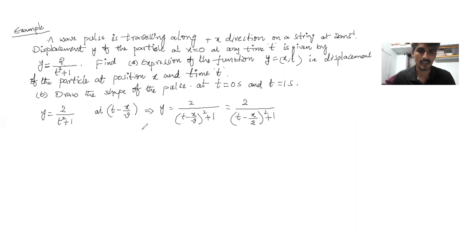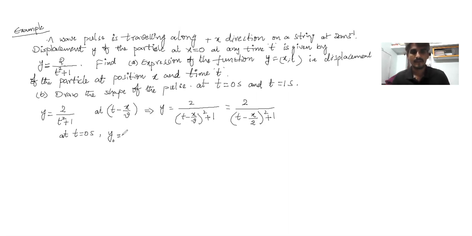Now in this function, now let us substitute t is equal to 0. Means at 0 seconds, what happens to this y value? Let us check. At t is equal to 0 seconds, then y naught means initial displacement.